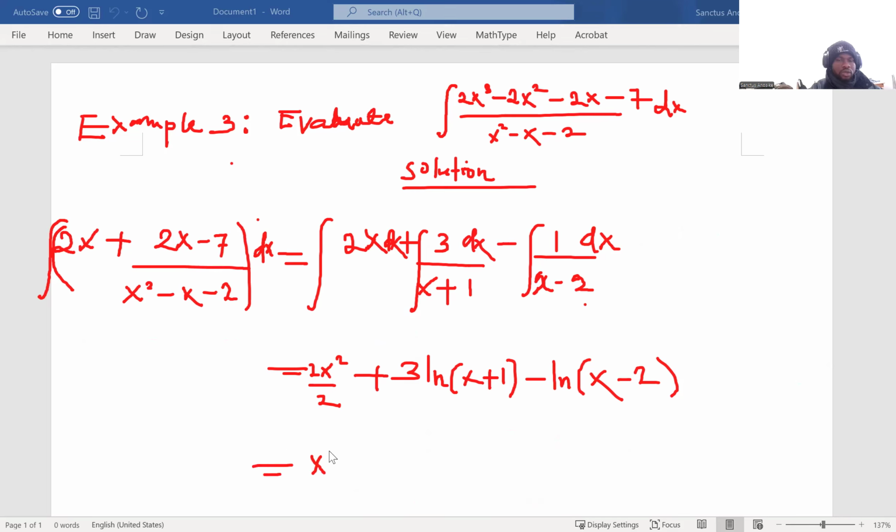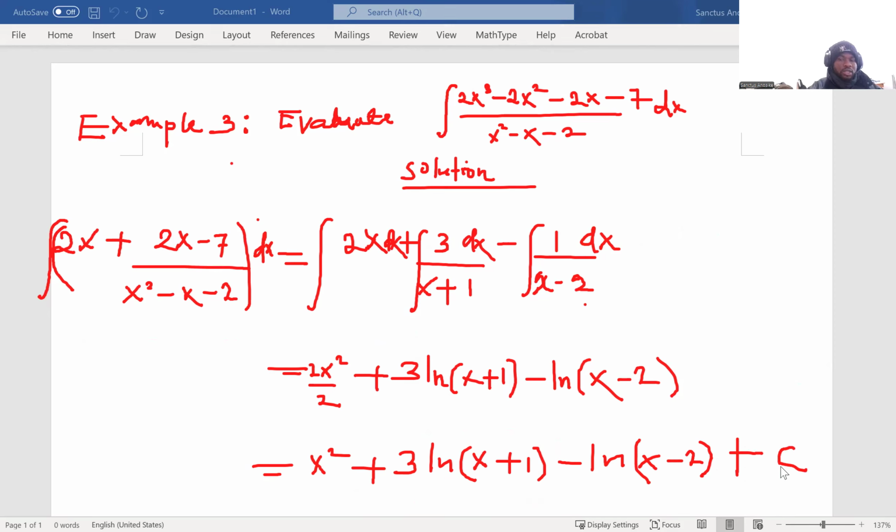We have x squared plus 3 ln of x plus 1 minus ln of x minus 2 plus C, constant of integration.